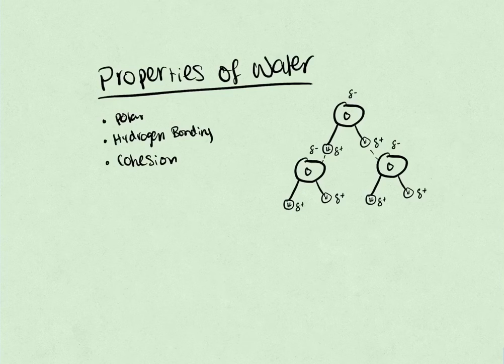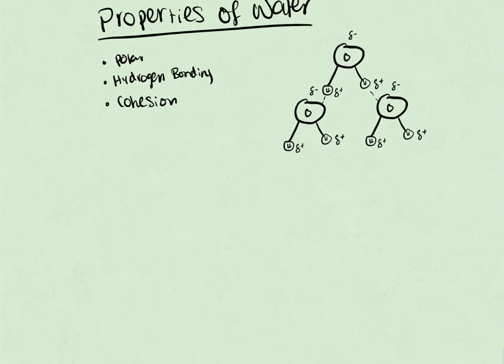So one place that we might see this is if we were to fill up a cup of water. So let me just draw a glass right here. And if we were to fill it up all the way, it would not be quite dripping out.